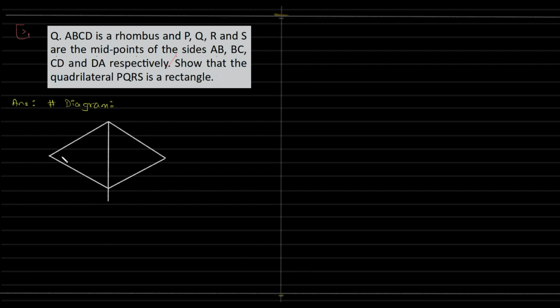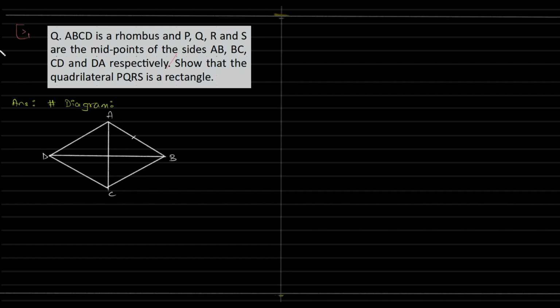Okay, so this is your rhombus. Looks like one. Right, so we have A, B, C, D, a rhombus. So P, Q, R, S are over here.